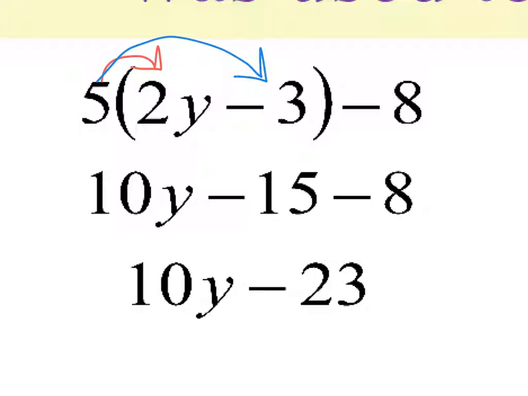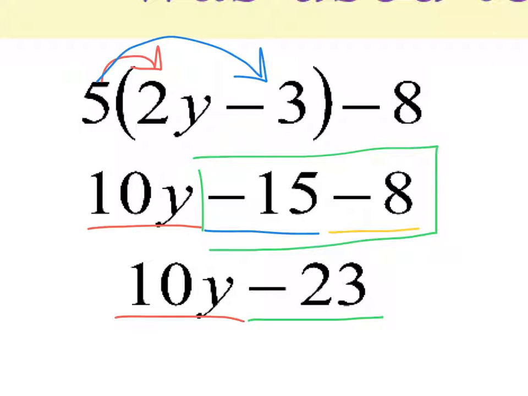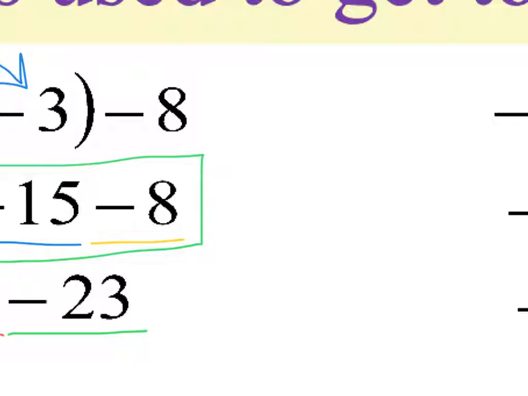That gives us 10y and then negative 15, and over here we have a negative 8. The 10y cannot be combined with anything, so that stays by itself. But the negative 15 and the negative 8 can combine because they're both constants, giving us negative 23. So that is the step we did to combine the terms together.